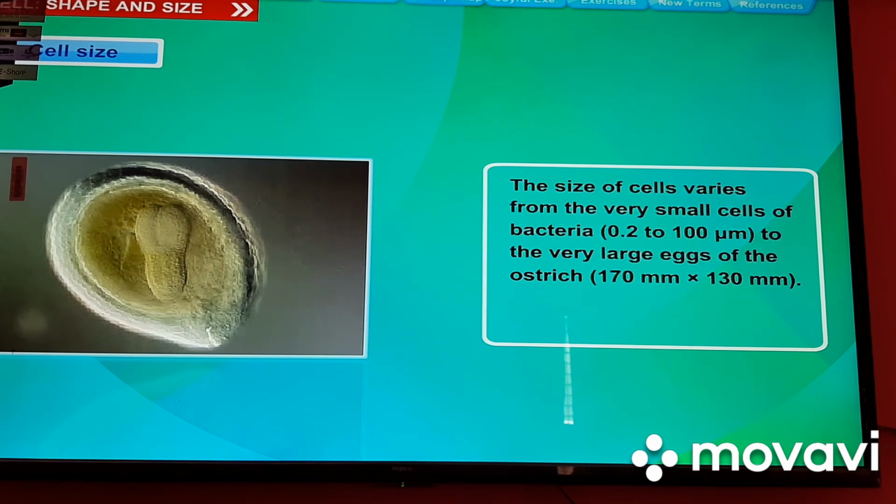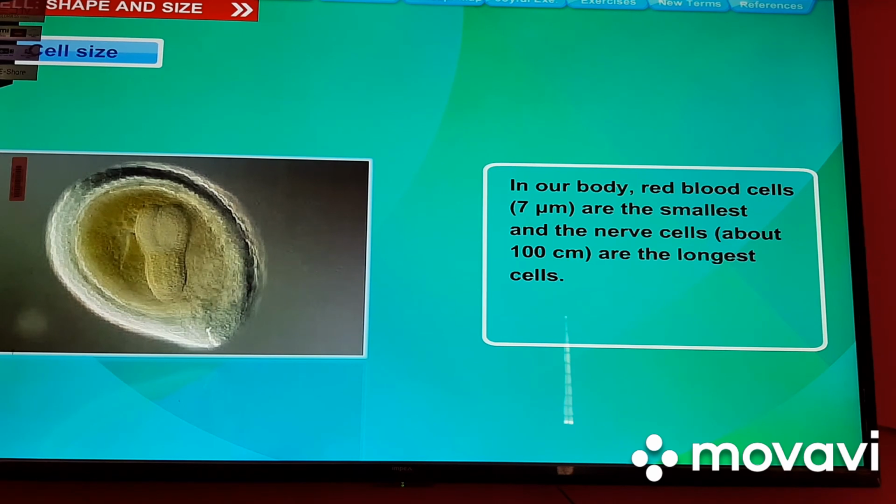The size of cells varies from the very small cells of bacteria, 0.2 to 100 micrometers, to the very large eggs of the ostrich, 170 millimeters by 130 millimeters. In our body, red blood cells, 7 micrometers, are the smallest, and the nerve cells, about 100 centimeters, are the longest cells.